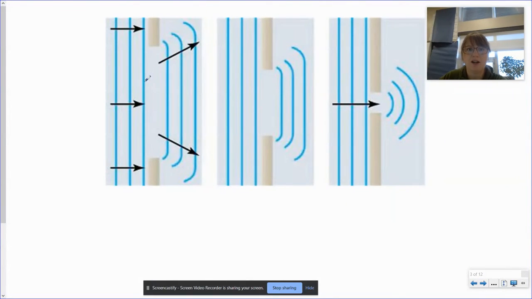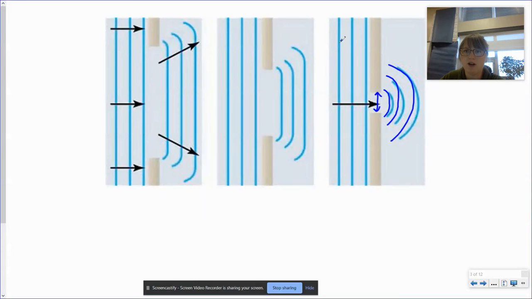And here's a picture of a large opening versus a smaller opening. With a large opening, only those waves near the edge will start to bend. The ones in the middle still move in a straight line until we get to the right size opening here, where we get this nice circular pattern.